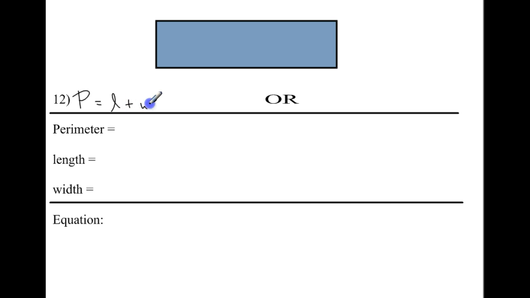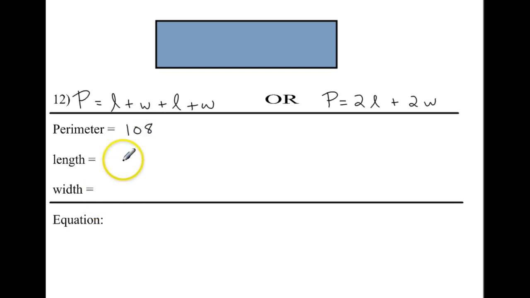Length plus width plus length plus width. Simply traveling around the outside of your rectangle. Others of you love the formula of 2 times the length plus 2 times the width. Essentially, they are the same thing, and either would be fine with me. The perimeter was given to you, and that was 108.